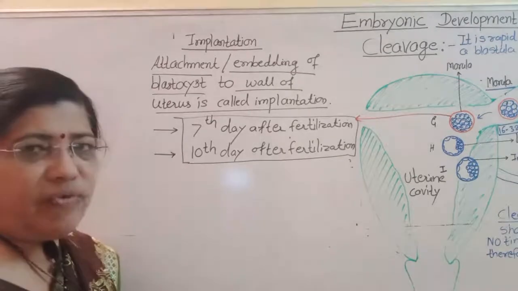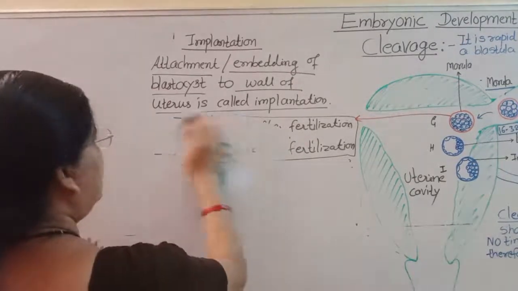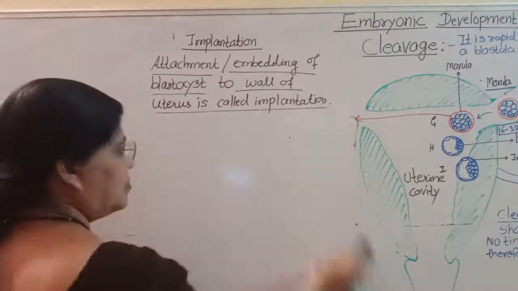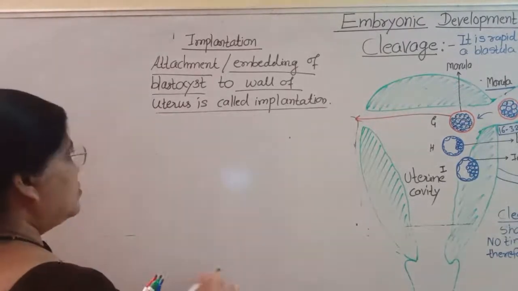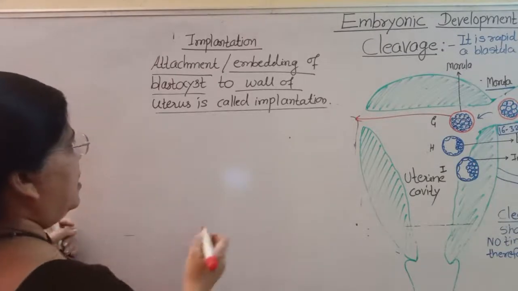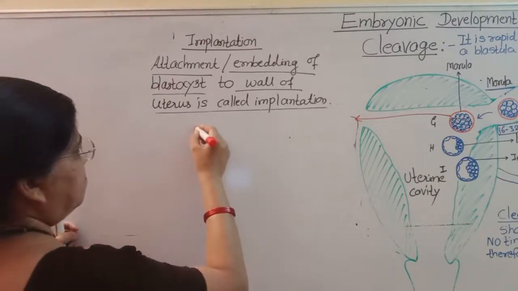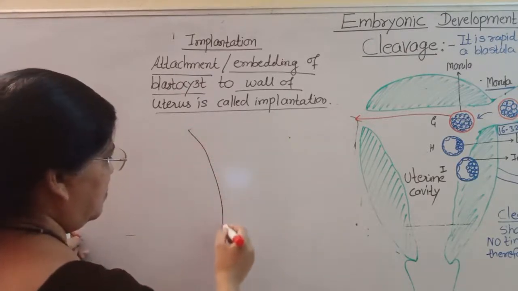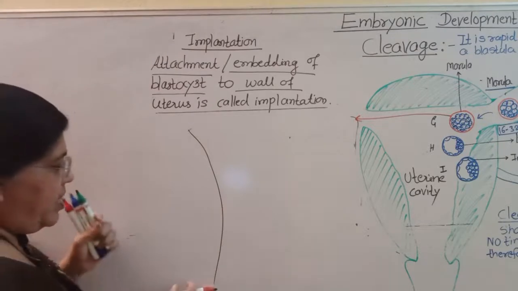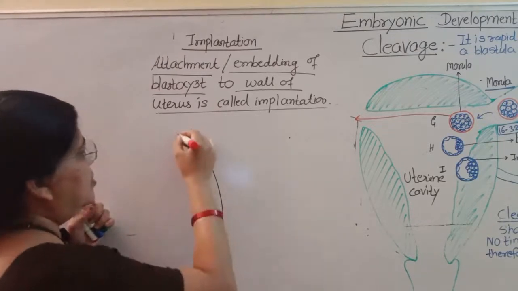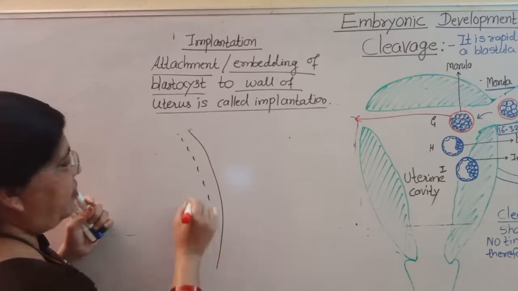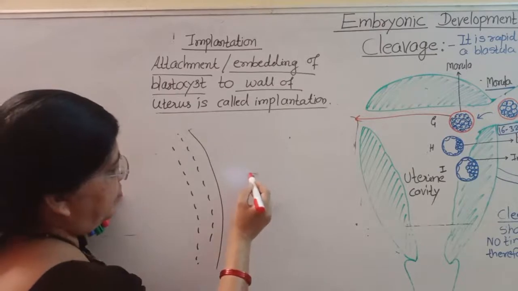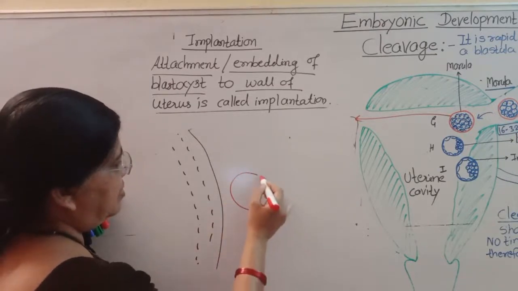So, events of implantation. During implantation, see, this is endometrium, that is the layer of the uterus, and this is the blastocyst.